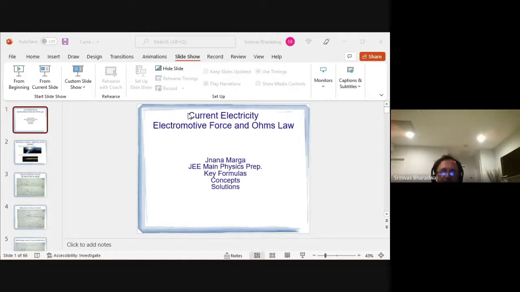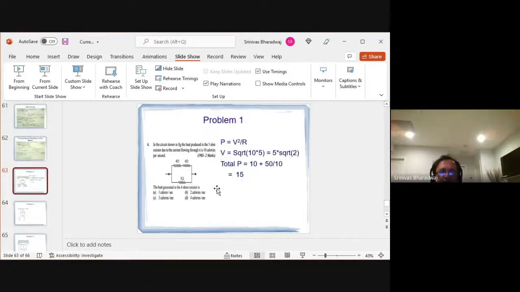Okay, so let's write that. I4 equals 5 times square root of 2, the voltage, by 10. Therefore, P4 equals 25, so that is equal to 1 by square root of 2.